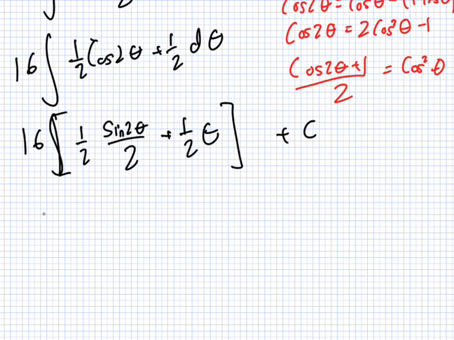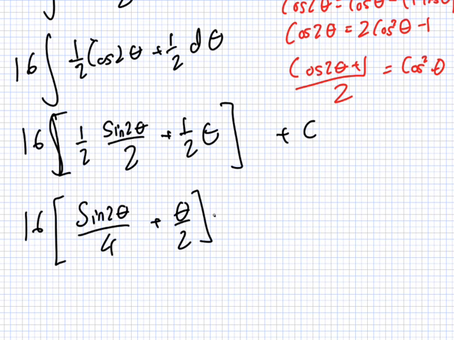I can clean this up a little: 16 sine 2 theta over 4 plus theta over 2 plus c, which is 4 sine 2 theta plus 8 theta plus c.